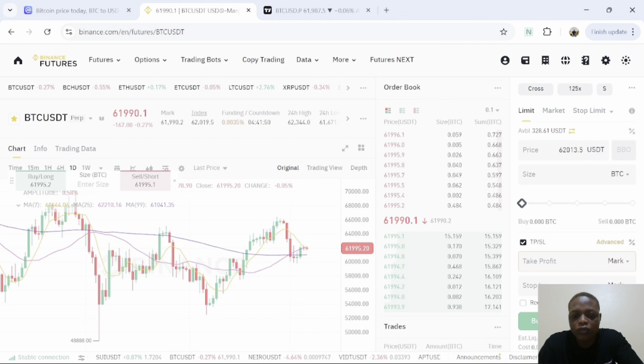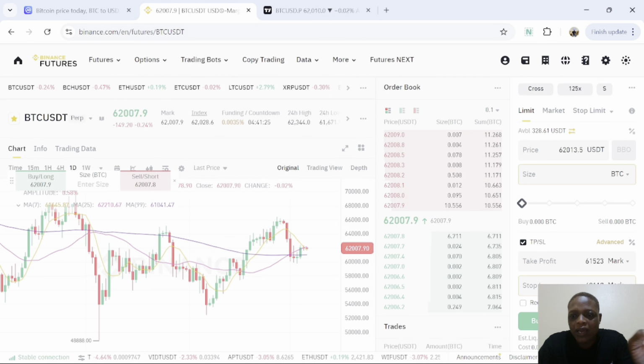So remember, our take profit was 61,523. Then we have our stop loss being 62,112. Because we are thinking Bitcoin will go down, our stop loss is around 62,112. So we are going to be using the sell position.